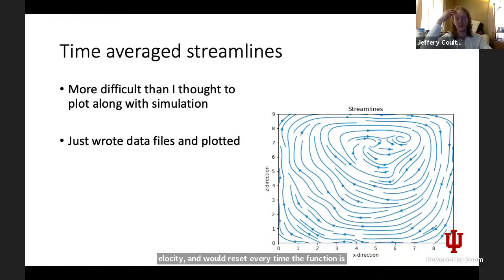So it was just giving me the last values of each position that was returned and not averaging over time. And so what I ended up doing is just writing data to a file and then averaging those files, which is this picture.